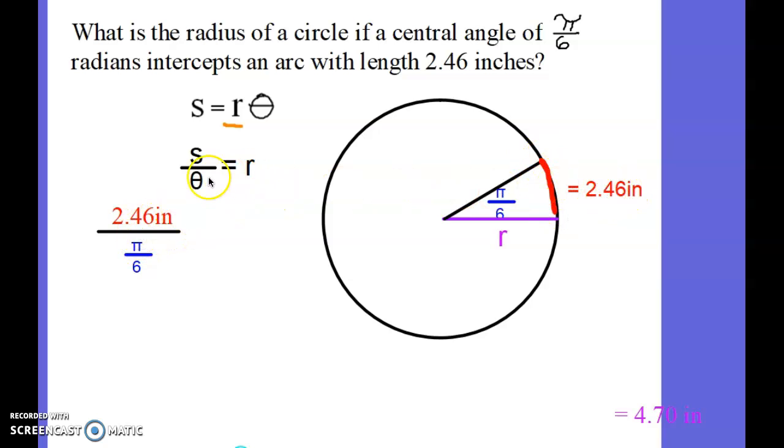We divide by theta, pi over 6, and dividing by a fraction is the same as multiplying by the reciprocal. When you plug that into your calculator, you are going to get 4.70 inches. So this radius would be 4.70 inches.